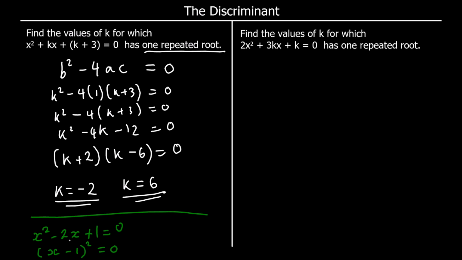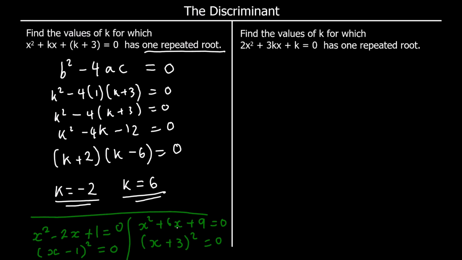So 1 repeated root, just one answer, which is 1. And then the same for 6, it'll be x squared plus 6x plus 6 plus 3, which is 9. And again, this time it's x plus 3 squared. So again, 1 repeated root, and in that scenario, it's negative 3.